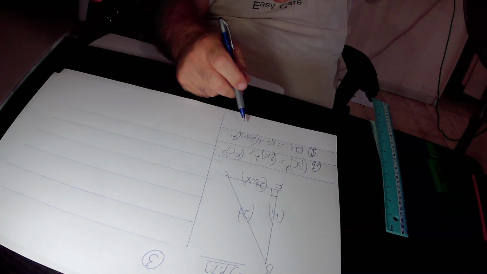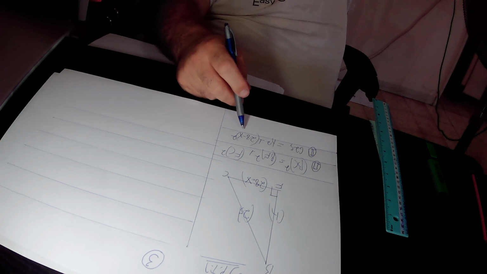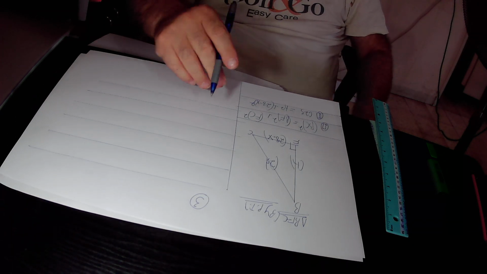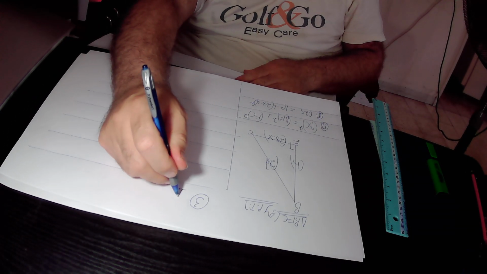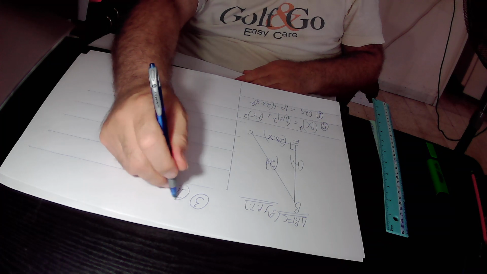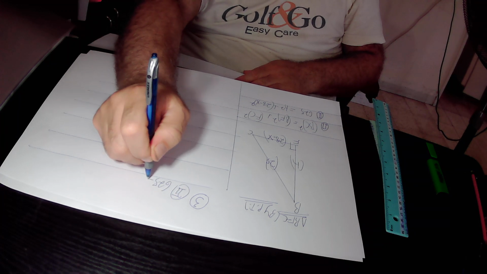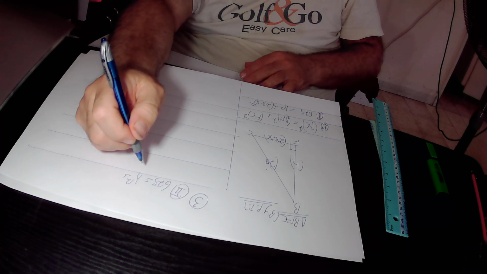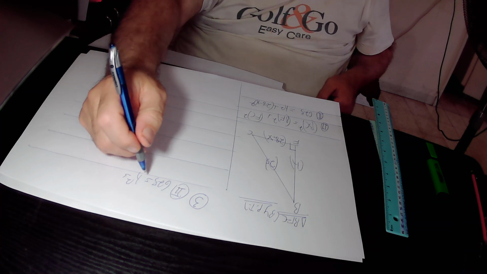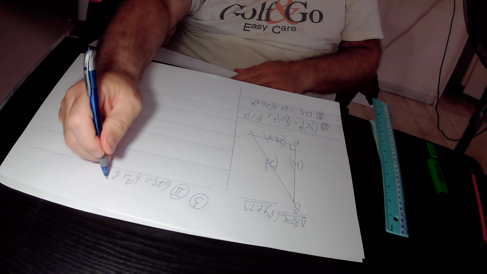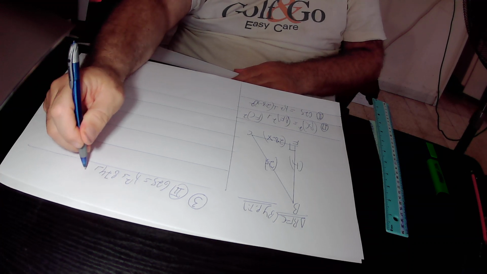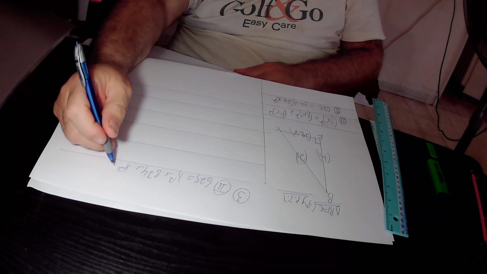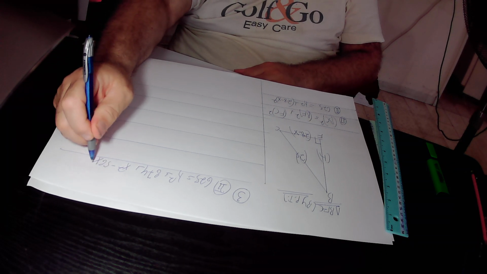Now we'll open the brackets on this side of equation 2. We have 625 equals 8 squared plus (28 minus X) squared. (28 minus X) squared equals 28 squared, that is 784, plus X squared, minus 2 times 28 times X, that is minus 56X.